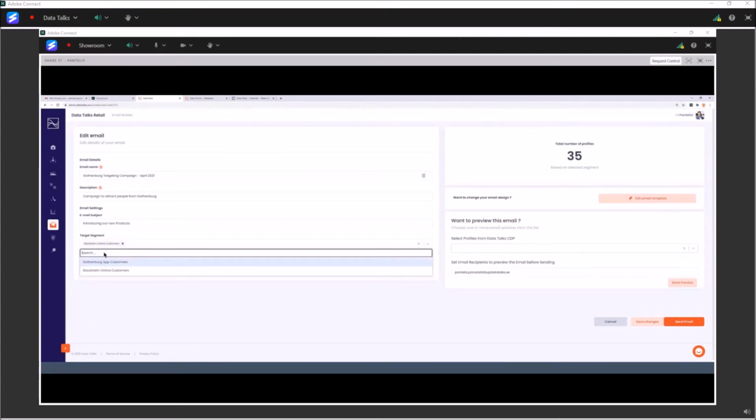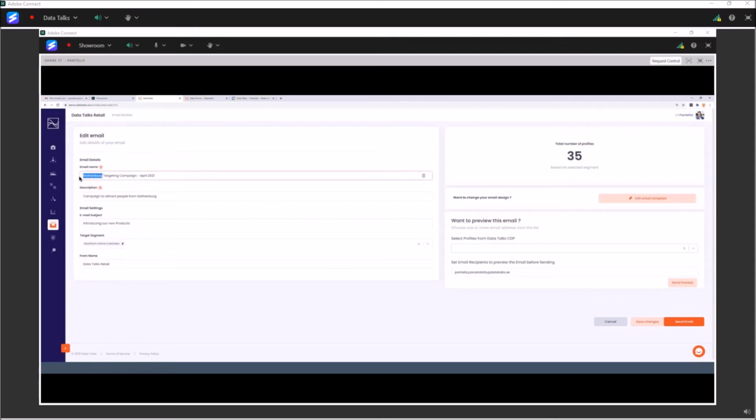So we may want to pick Stockholm online if we want to target Stockholm as well, or we can pick Gothenburg to target. Right now we're going to leave it on Stockholm, and we can rename this campaign to Stockholm targeting campaign for the sake of this demo.